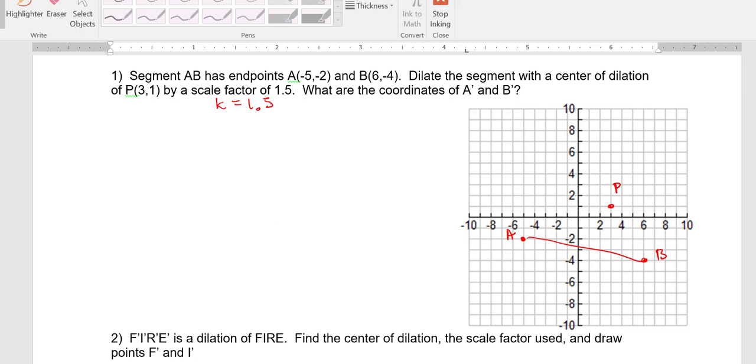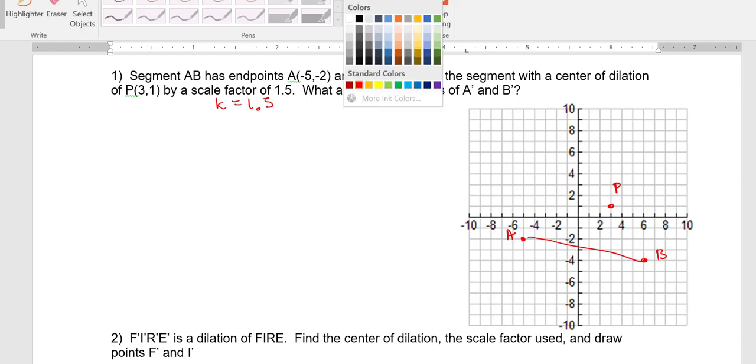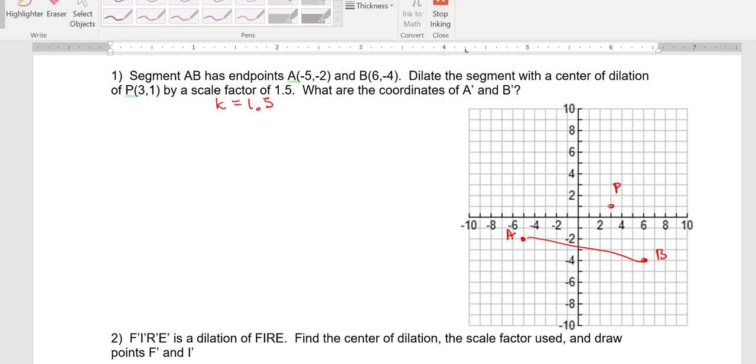There's 2 ways to approach this problem. The first one is, I could take P and move this to the left 3 and down 1, so that the center of dilation actually ends up being at the origin. And basically I'm going to take all these and move them left 3 and down 1, like this.